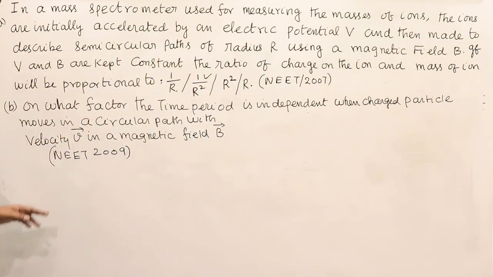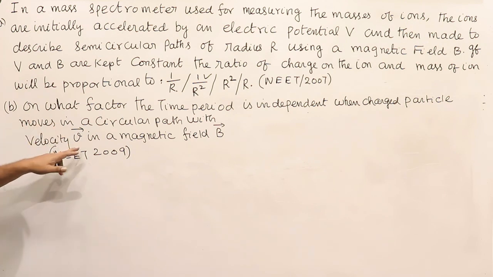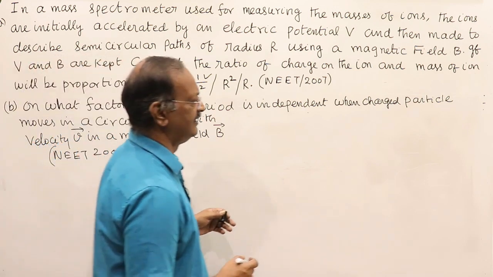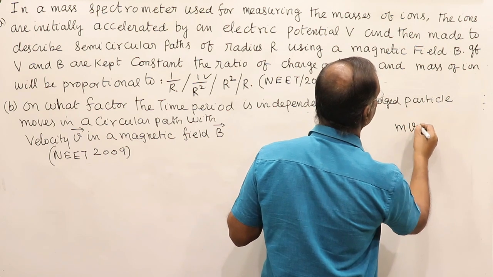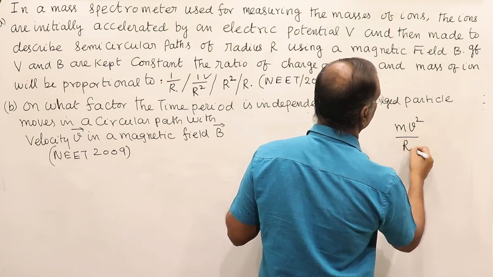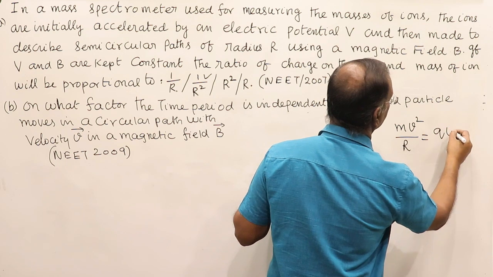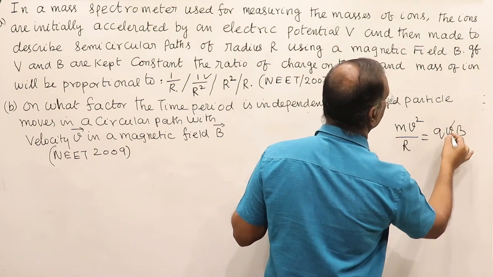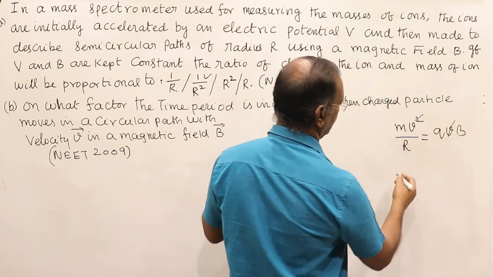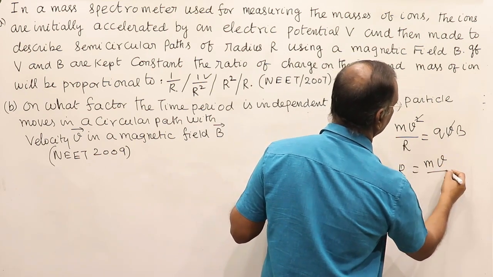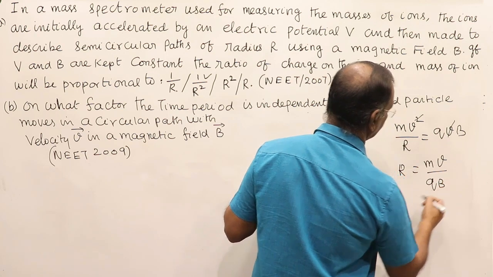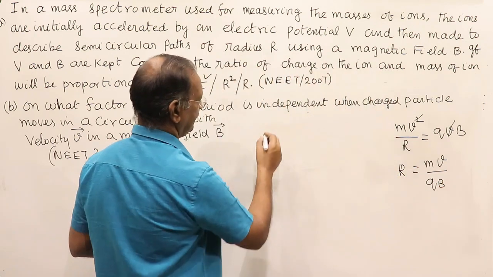When charged particles move in a circular path with velocity v in magnetic field B, the centripetal force mv square by r is balanced by the magnetic force. So we can cancel this and this. So R is equal to mv by q into b. This is the radius.